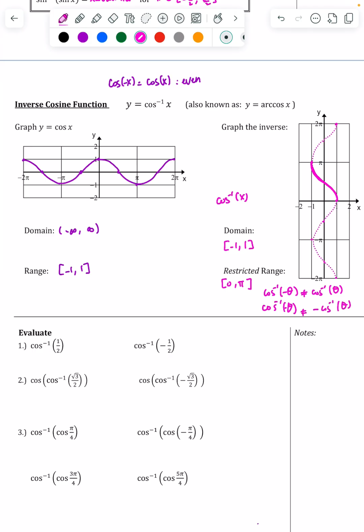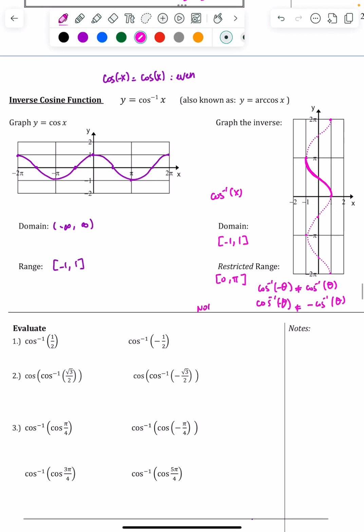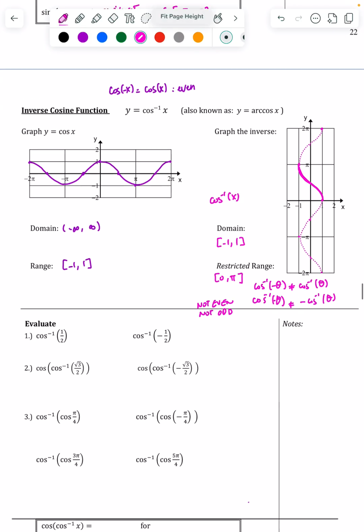So it's not even, and it's not odd. There are no symmetries. The symmetries that we usually have are not existent for inverse cosine. We may assume that because cosine is even, therefore inverse cosine is even. That's not necessarily true. In this case, it's actually not true.